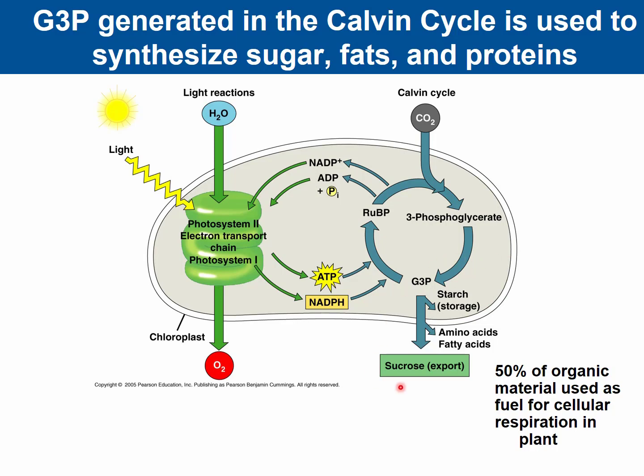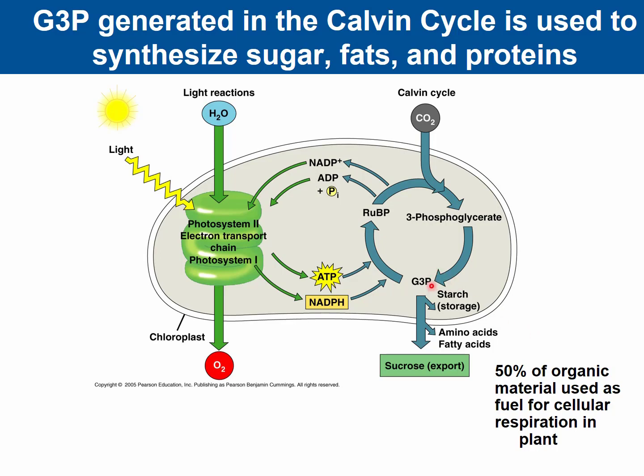The other things that the sugar gets used for is starch. Remember that starch is a polysaccharide. It's the form of sugar that plants store. So some of that gets converted into starch where the plant can store it. Some of it gets converted into the other building blocks for macromolecules that plants need, like amino acids or fatty acids.